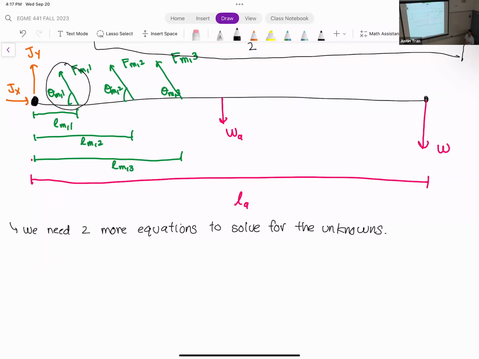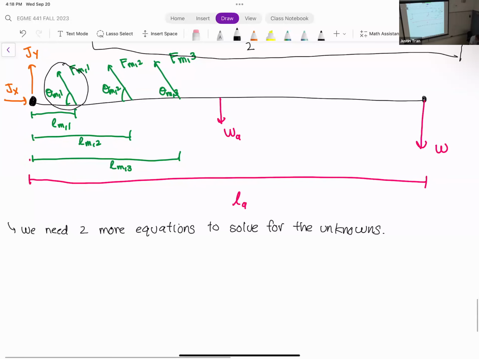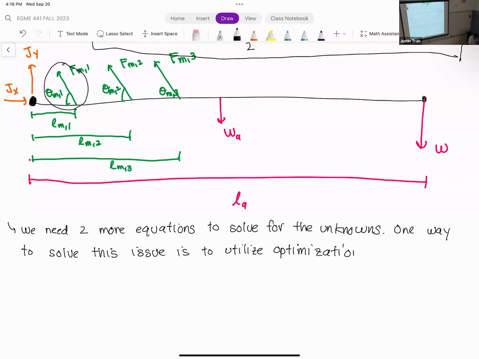I'll tell you, let's start with the more difficult approach, the one that we actually won't be able to do by hand because you need a computer, and then we'll go to one that's easier.